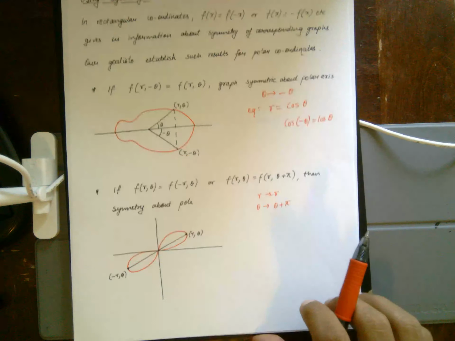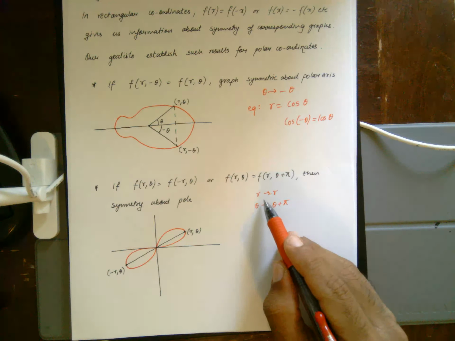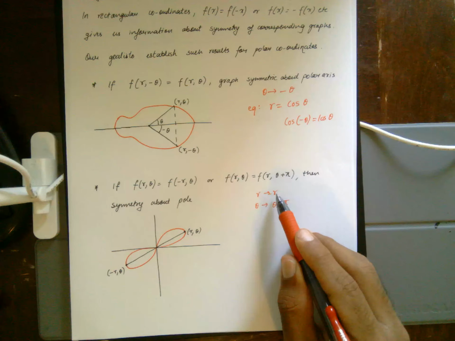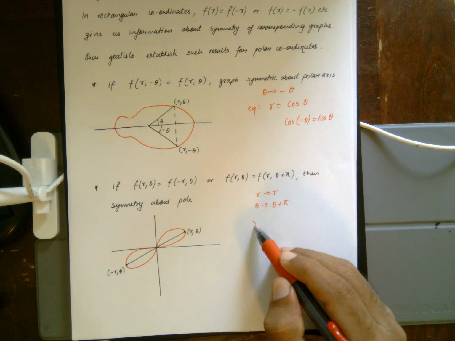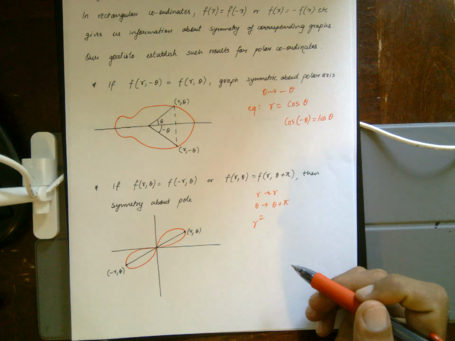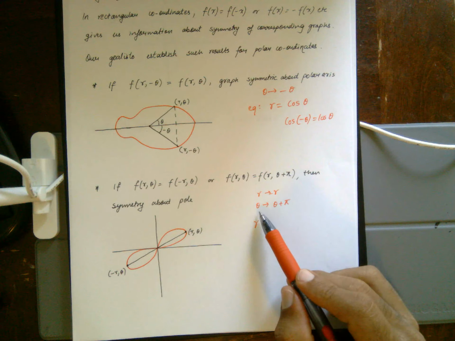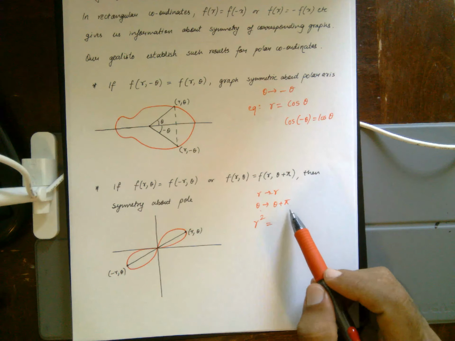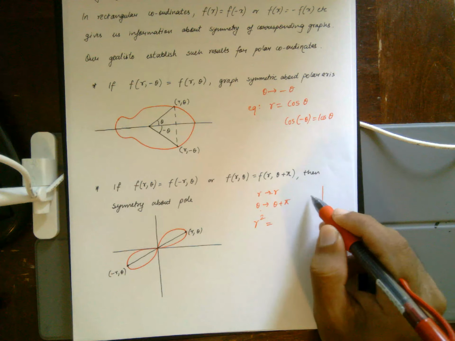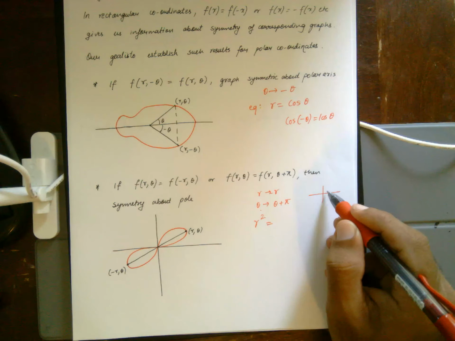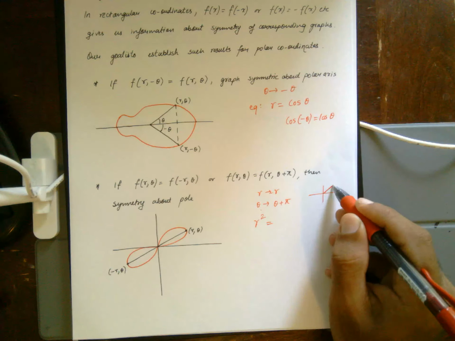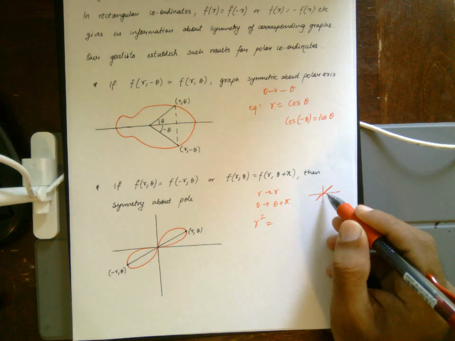Now what would be an example of this? If I want the equation to be unchanged when I change r to negative r, one way to make sure that happens is to have an r squared term. If I want theta and theta plus pi to give me the same answer, then what I really want is anything going from here to here having the same sign.